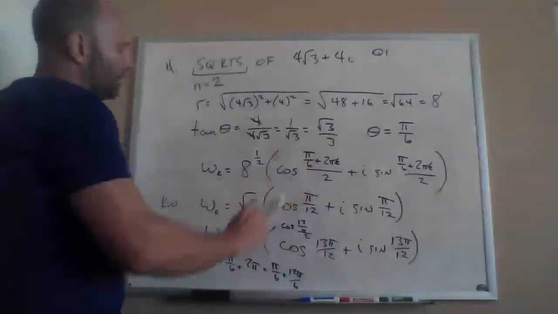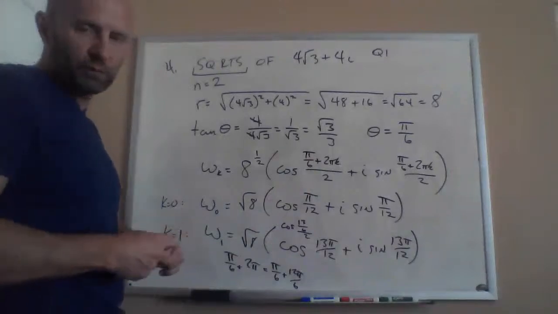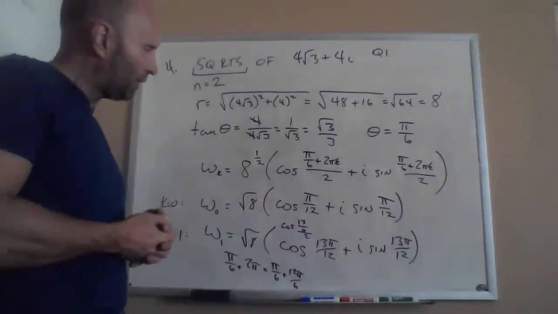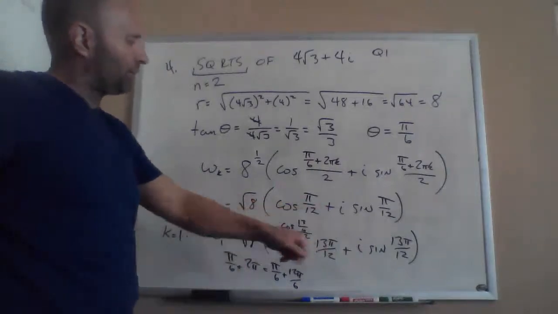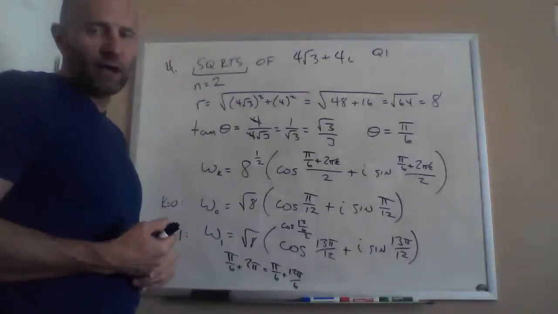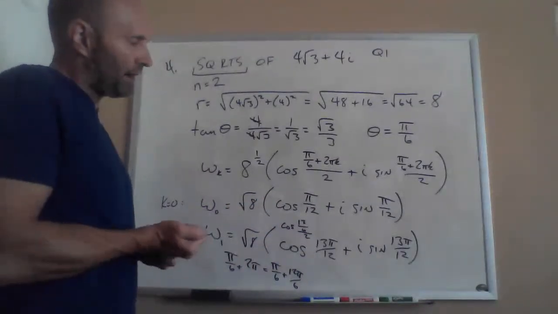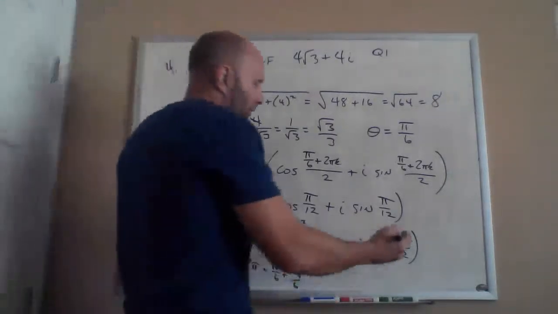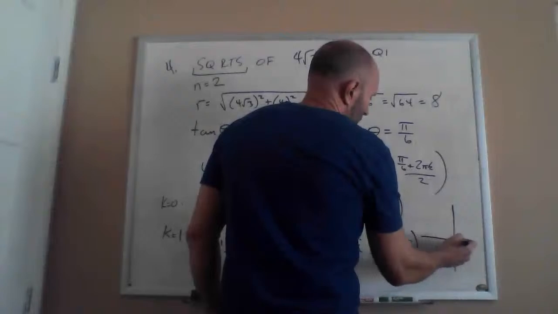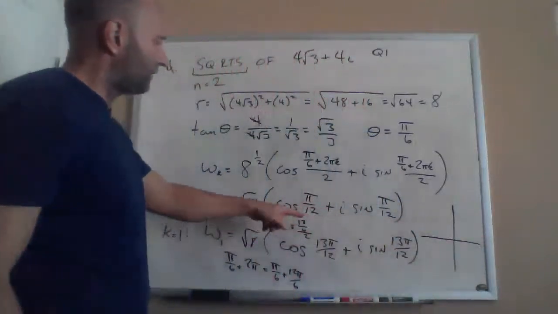So your answer is omega 0 root 8 cosine of pi over 12 plus i sine of pi over 12. And then omega 1 root 8 cosine of 13 pi over 12 plus i sine of 13 pi over 12. Then it asks you to graph it as well. So really all you're worried about is where are my thetas.